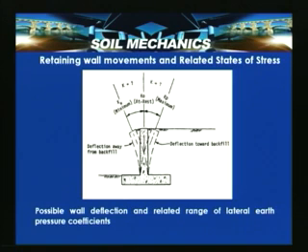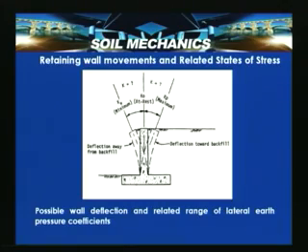Now we need to look into retaining wall movements and related states of stress. The first condition represented here is the at rest condition, that is the zero strain condition. From K naught to Ka, the coefficient of earth pressure at rest can no longer apply, and it changes to Ka, which is referred to as the coefficient of active earth pressure.